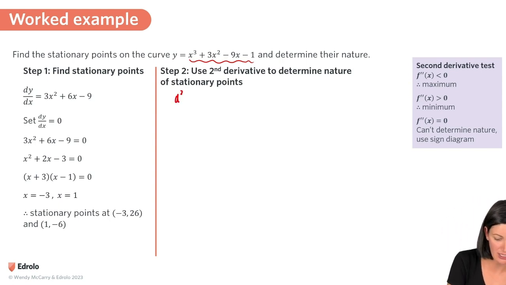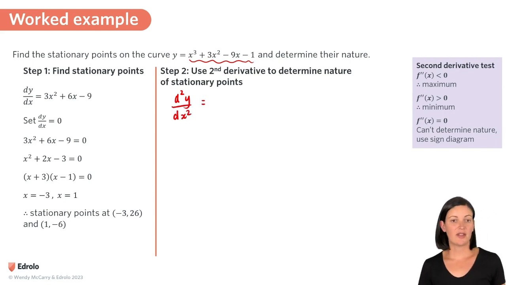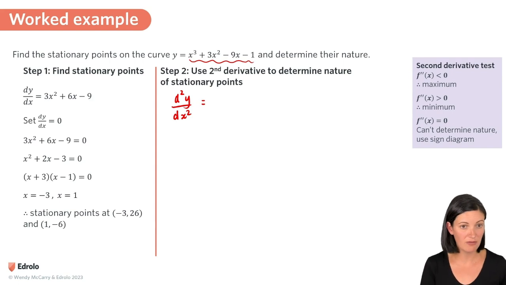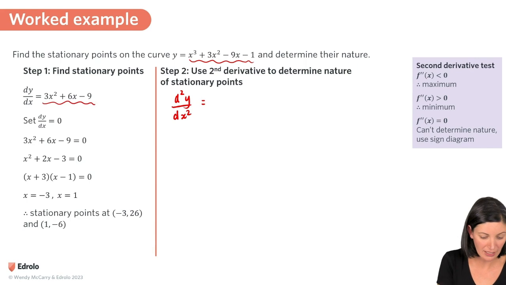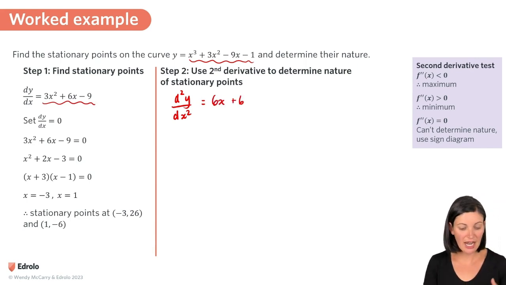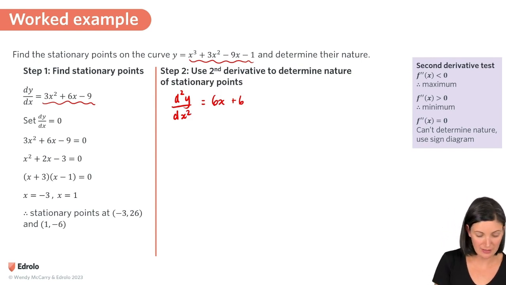Okay, so our notation here is like this. So that's my second derivative. And again, I'm just going to find the derivative of the derivative. So the derivative of this would be 6x plus 6. Now I'm going to find the second derivative at my two stationary points.